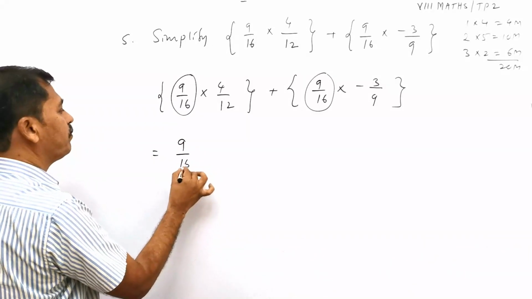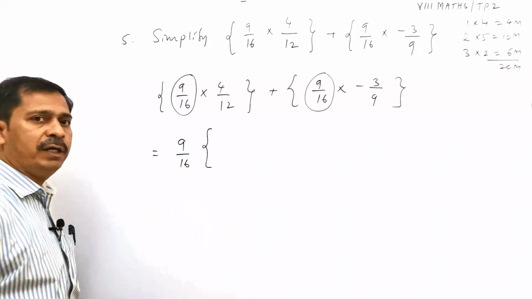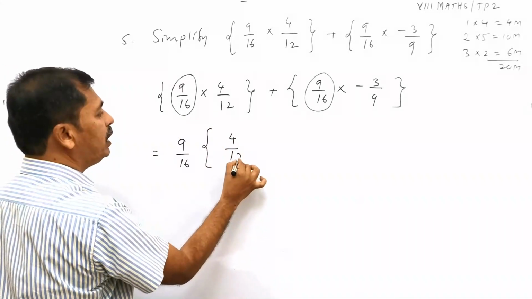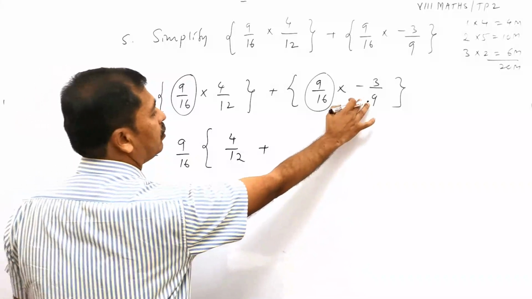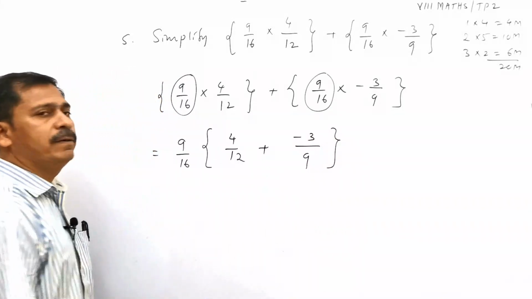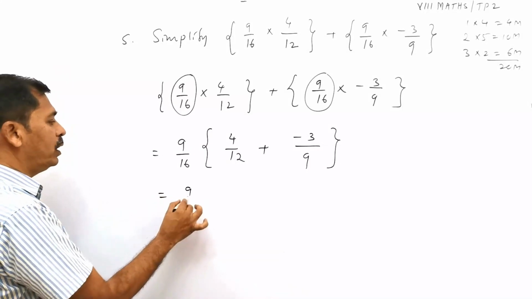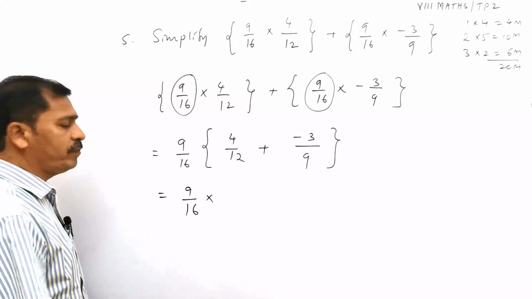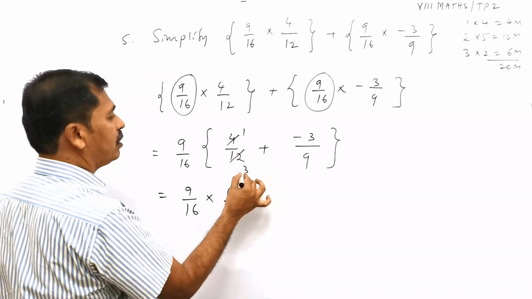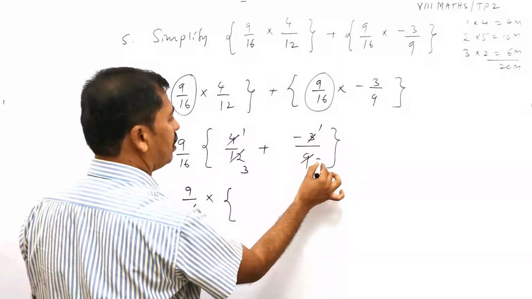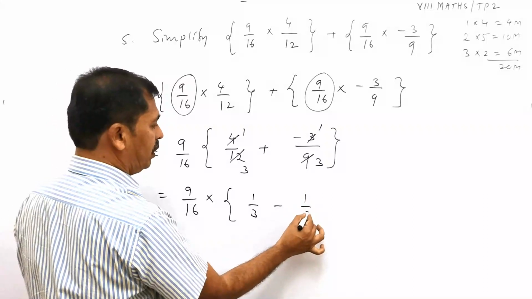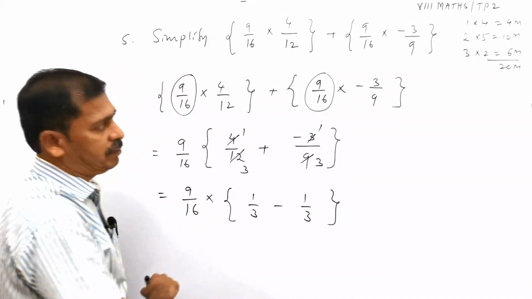Taking 9 by 16 entirely outside, as multiplication is the relation, we can write 4 by 12, positive in between, and minus 3 divided by 9 remains. Write 9 upon 16 as it is, into: 4 ones are 4, 4 threes are 12, so this is 1 by 3; again 3 ones are 3, 3 threes are 9, so 1 by 3 but with a negative sign.